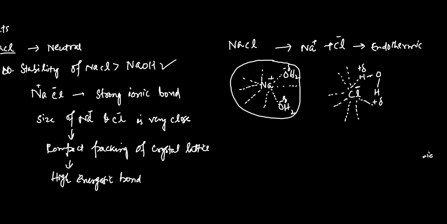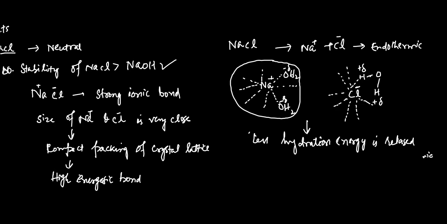But here, when you see this part, the chloride ion, if you see the charge density, the overall hydration energy released is less than sodium hydroxide. So less hydration energy is released. Why?